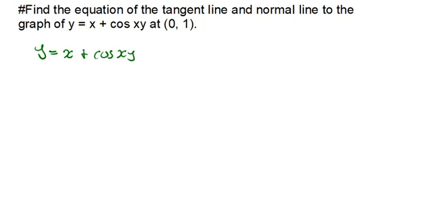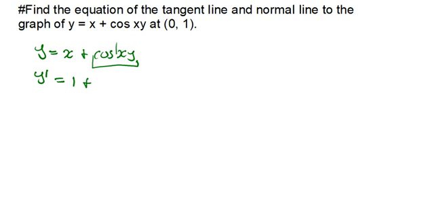So we are going to differentiate the equation that we have here. Differentiating this, we're going to have y prime equals the derivative of x, which is 1, plus the derivative of cos xy.